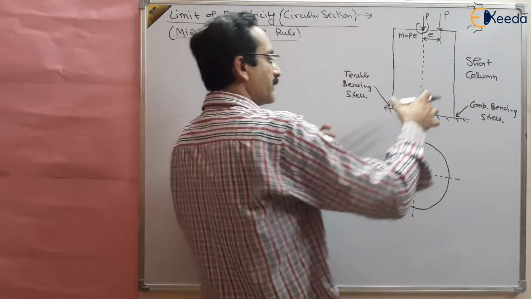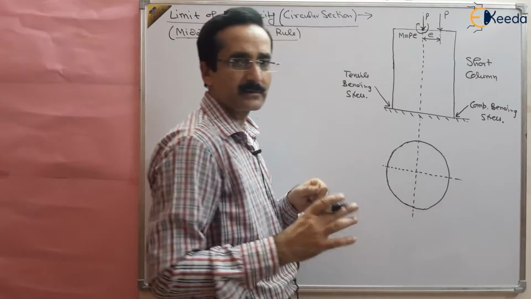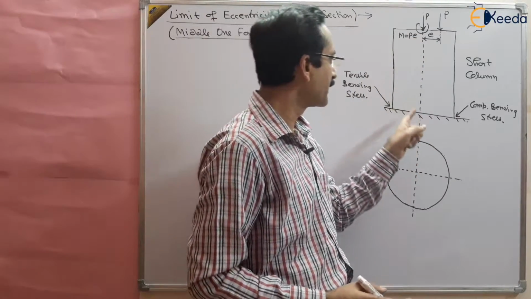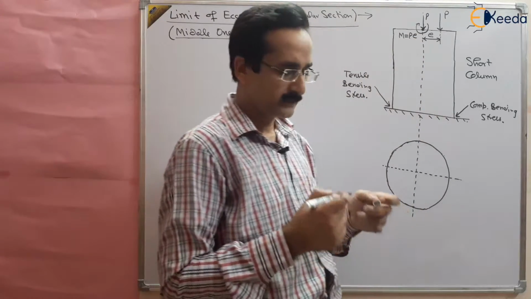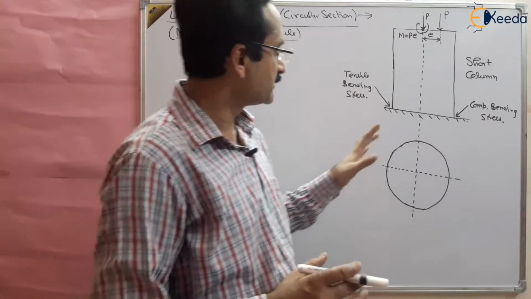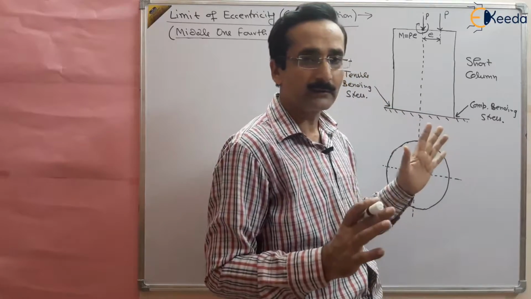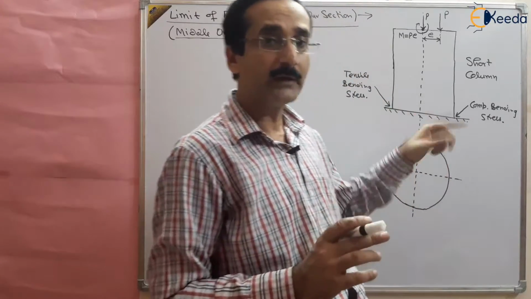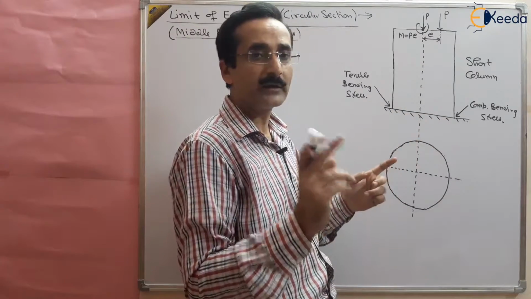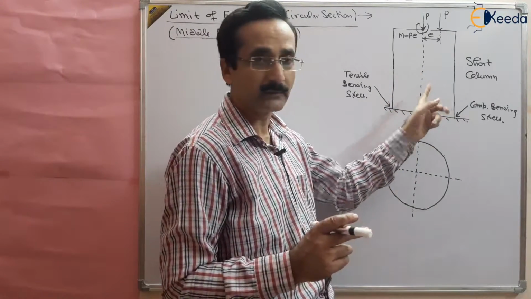And the total stress, the resultant stress, will be the combination of direct stress and the bending stress. When it is combined, our member will not fail in compression, it will fail in tension. If there is tensile stress in the material, there is a failure chance of this material, right?